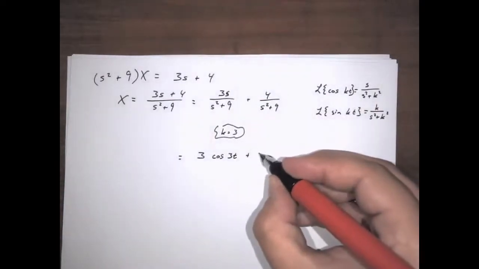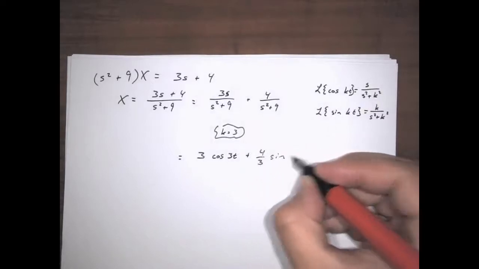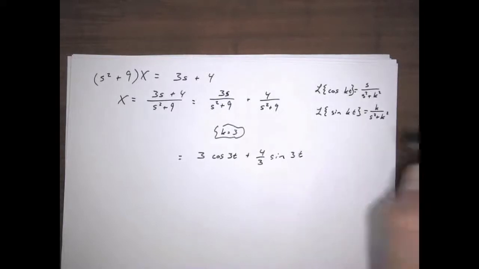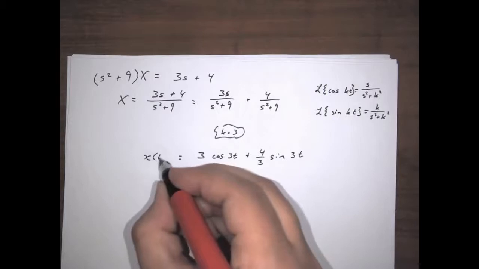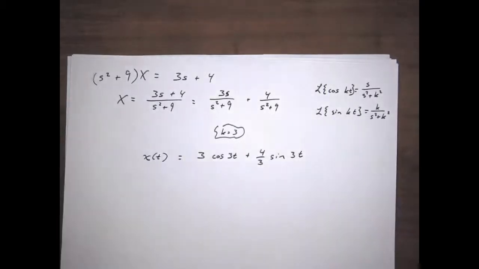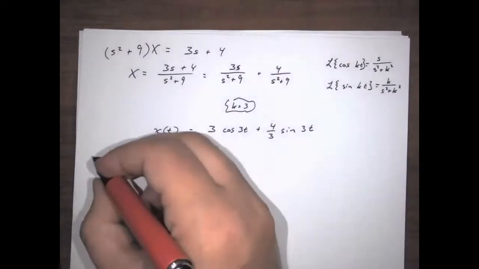So what that means is we need to multiply it by 4/3. So x of t is going to equal 3 cosine 3t plus 4/3 sine 3t. So there's that.